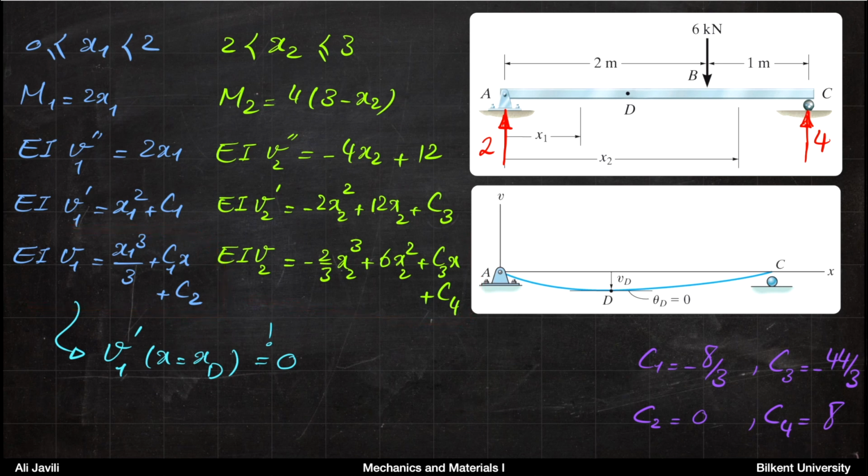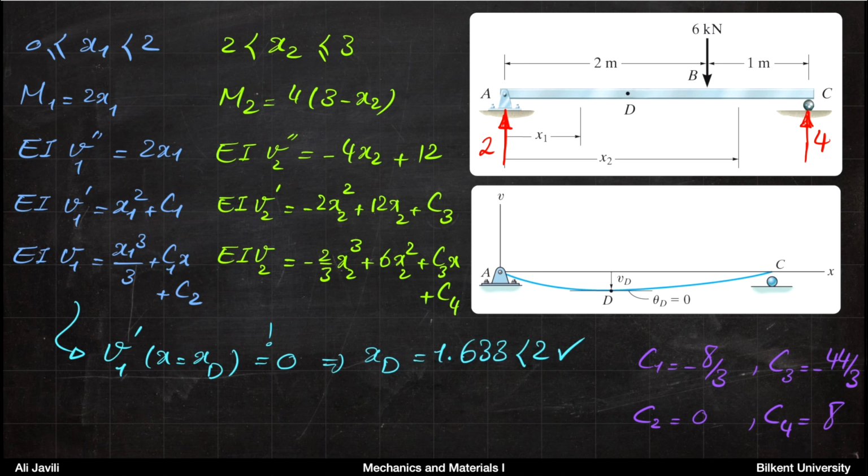But more importantly, what we wanted to do was to calculate the maximum deflection at point D. So in order to do that, and then again, assuming that point D is somewhere between 0 and 2, we set v prime at x equals xd to be 0.